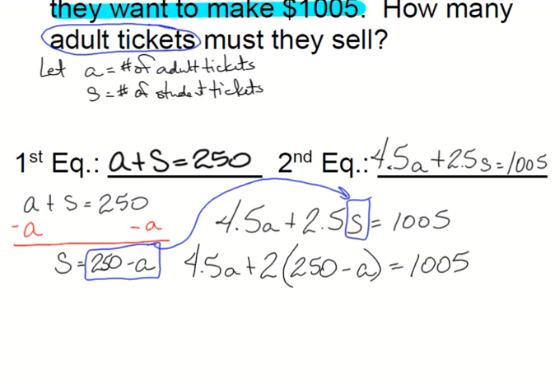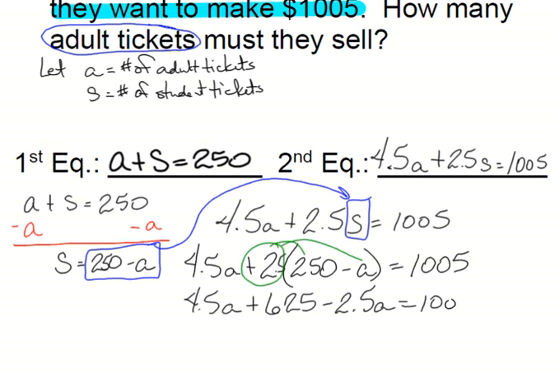I need to distribute my 2.5 into the parentheses. So I'm going to have 4.5A plus 625 minus 2.5A, and that still has to equal 1,005.